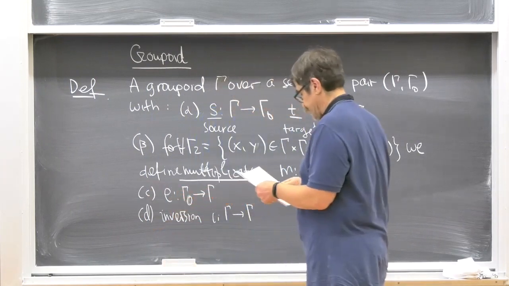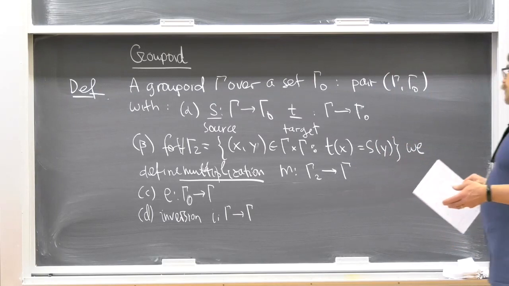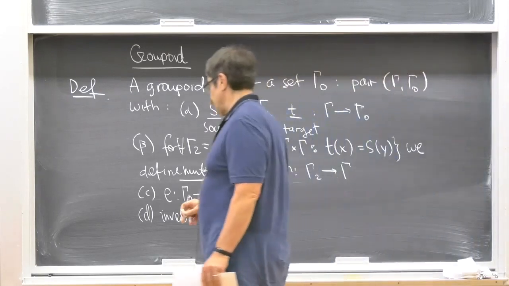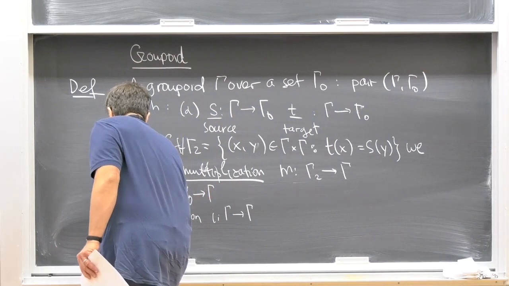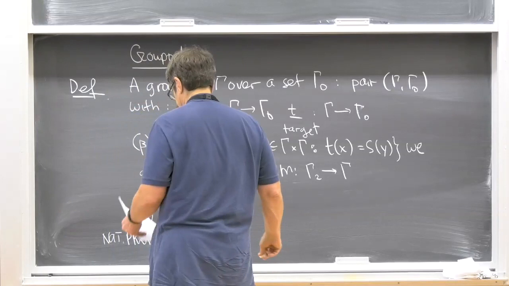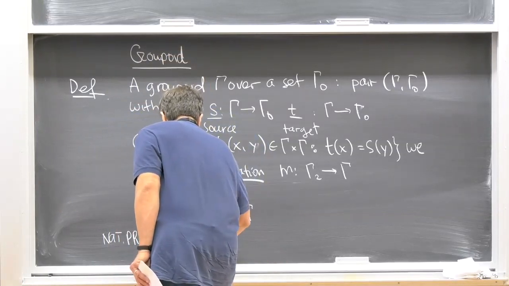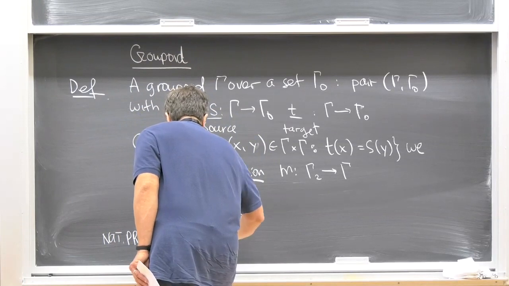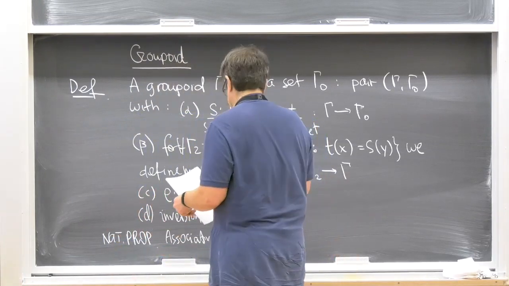These maps all have natural properties: associativity, identity, inverses and so on.